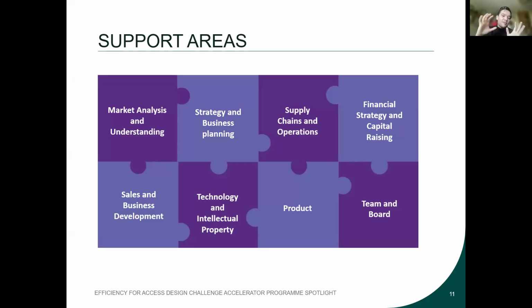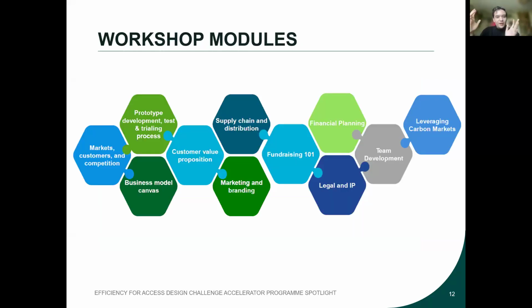And this year, from that, we have the next slide, which were the workshop modules that were delivered this year. So you can see it's a really comprehensive, really holistic take on how you can develop your business. I think we are nearing the end of the accelerator at the moment, so we're in the last few of these blocks.